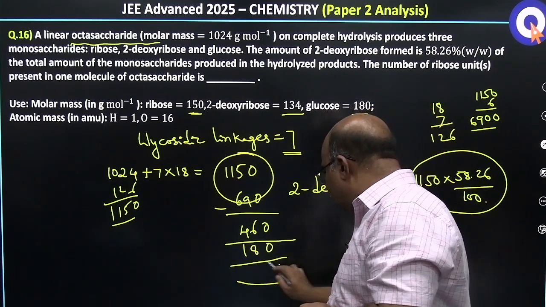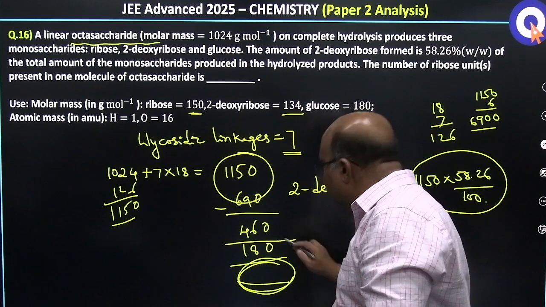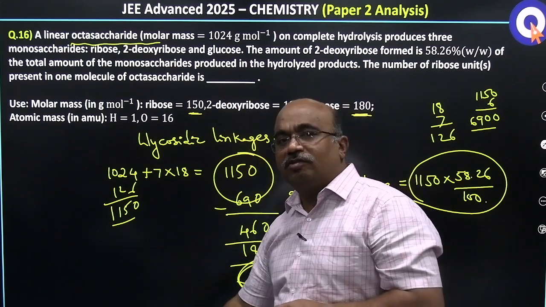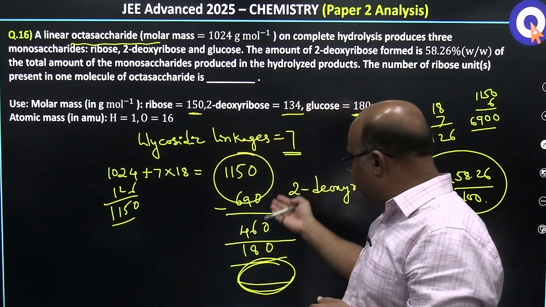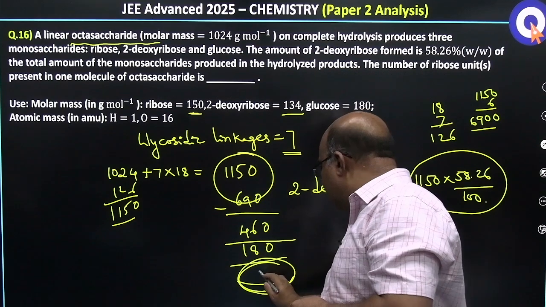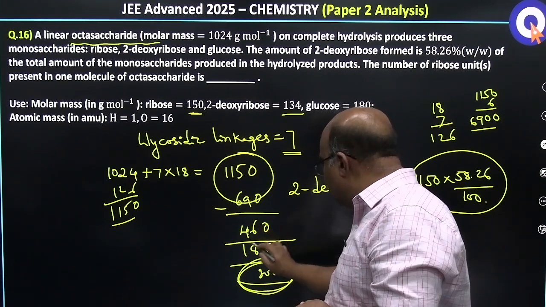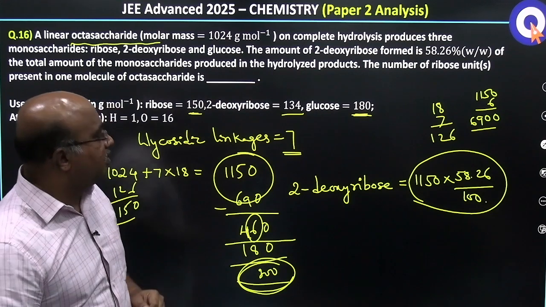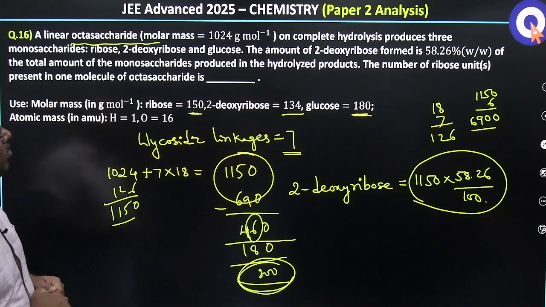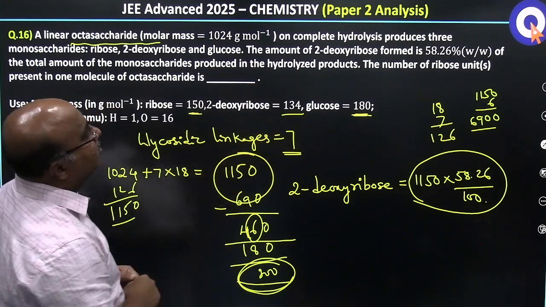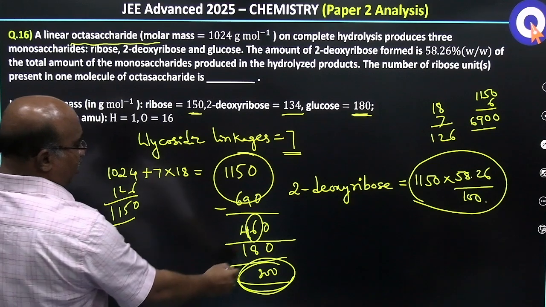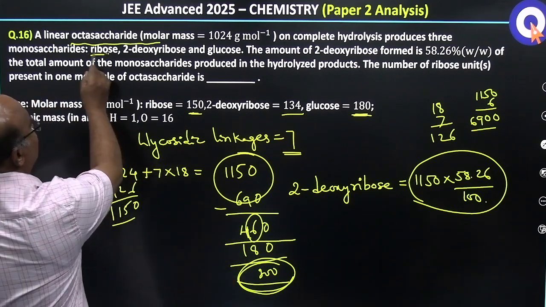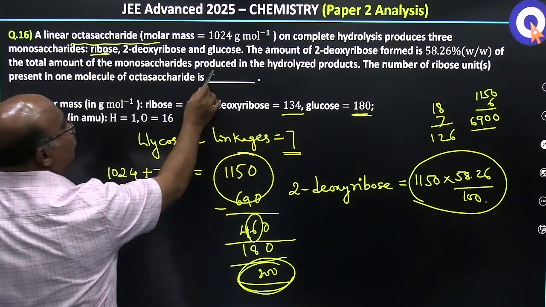Then you will get the left out mass of the ribose units, which you can divide approximately with this. It may be around 300, because we did the approximation that gave 460; otherwise it will be a little bit more, because we assumed 60% there. So your total number of ribose units has to be effectively 2.